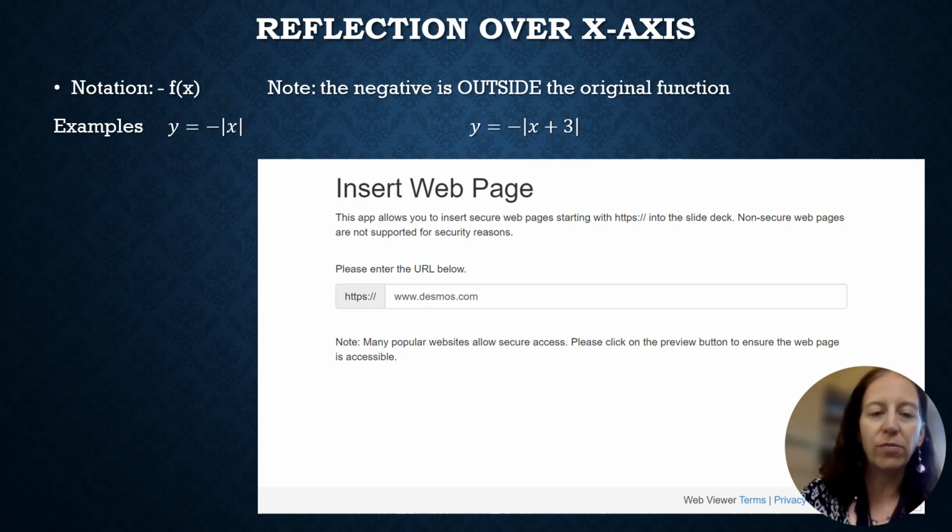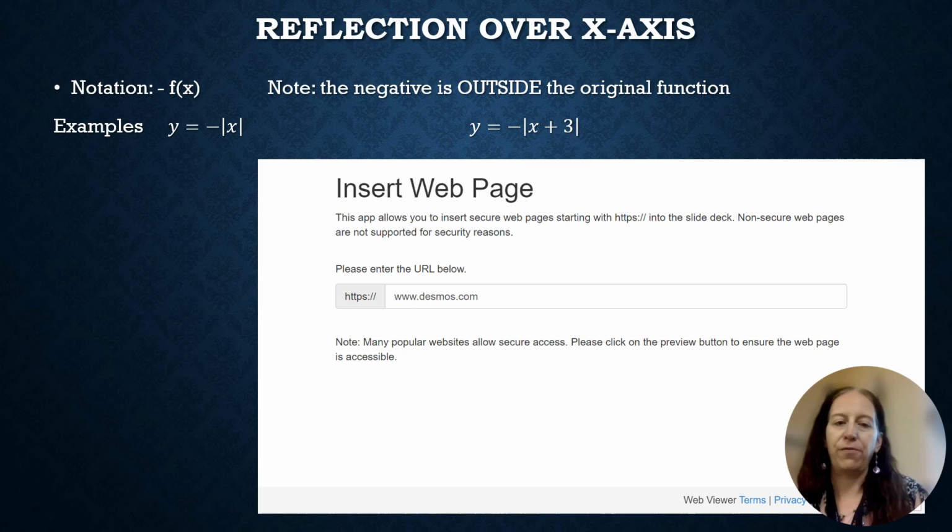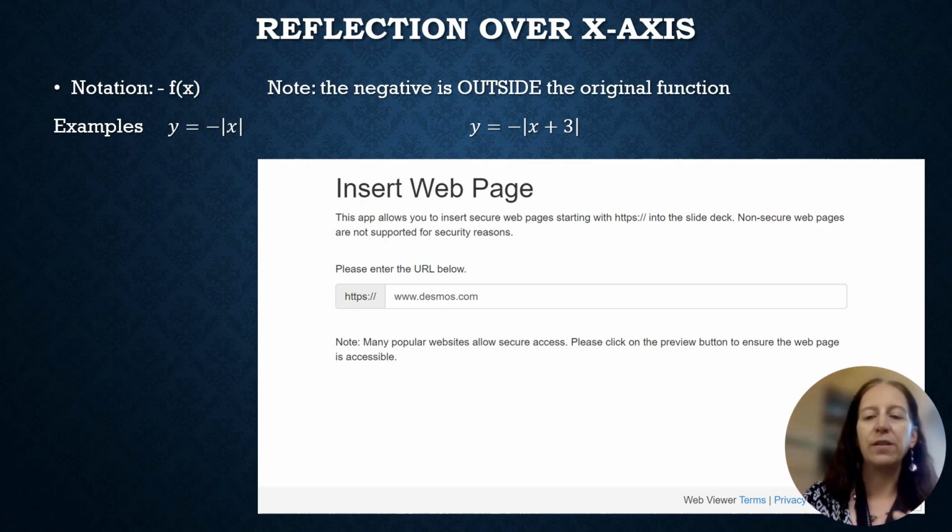Okay, and so we could make a little prediction as to what we think that will look like. And I will minimize this so you can see it. So you actually have two transformations. You've got a slide, and then you have this flip. Okay, so it is like over 3 to the left and then flipped over. But that negative on the outside is what flips it over.